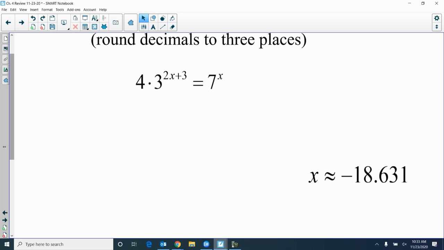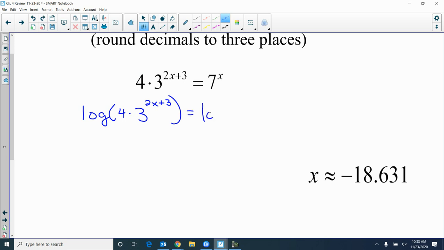All right, that 4, dividing by that doesn't help. Okay, it's not going to give us much because you still got that exponent over there. So I'm going to take the log of both sides. So log of 4 times 3 to the 2x plus 3 equals log of 7 to the x.